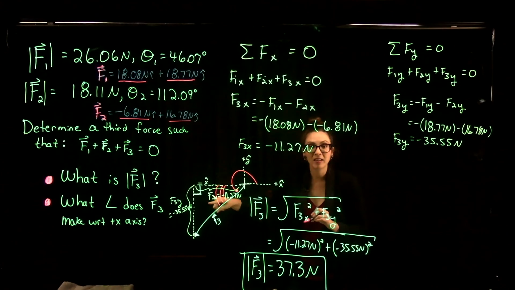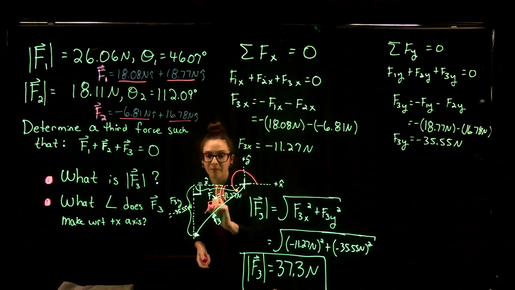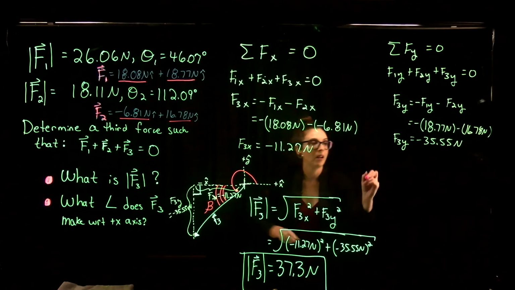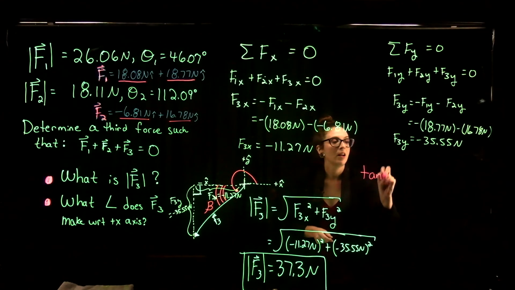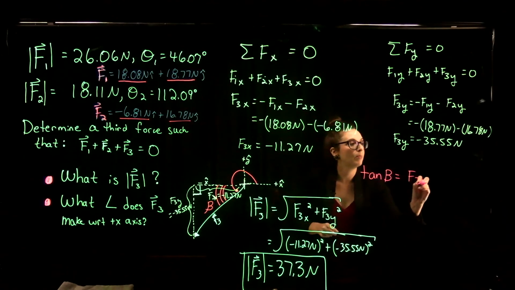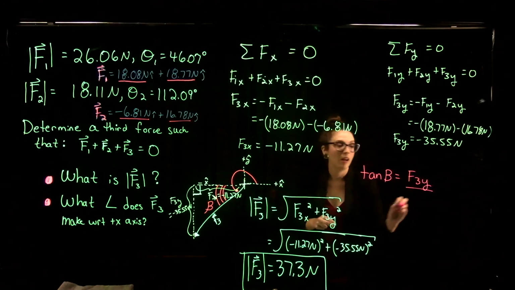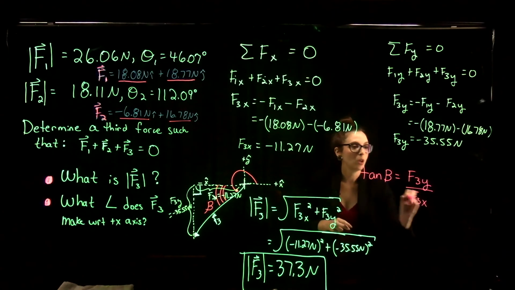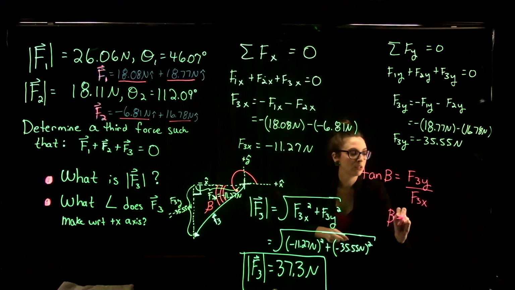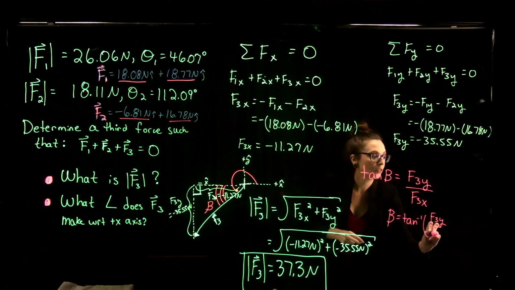To get this angle, which I'm going to call beta, Greek letter beta, we can use tangent of beta. Tangent of beta is equal to opposite, which is the y component of my third vector, over adjacent, which is the x component of my third vector. So to get beta, we take the inverse tangent of both sides. Beta is equal to the inverse tangent of F3y over F3x.